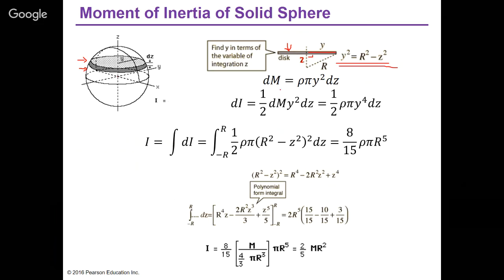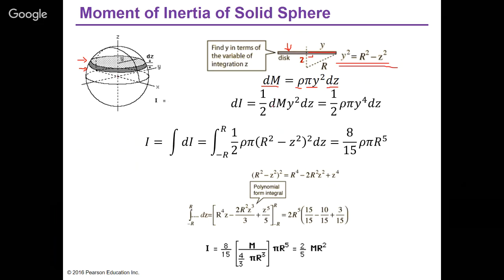And then we look at the mass of this disk. dm of this one would be the density times pi y squared times dz, where dz is the short thickness here.